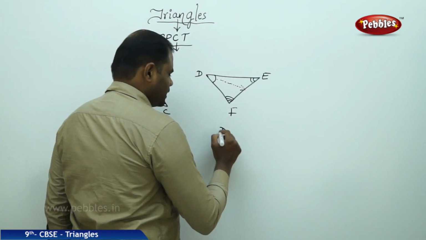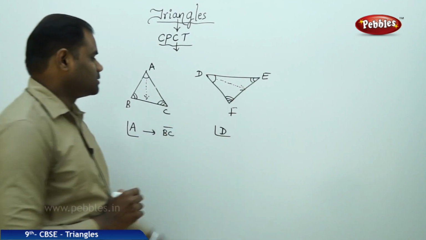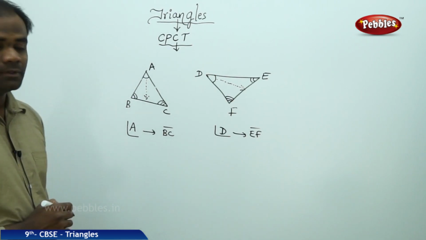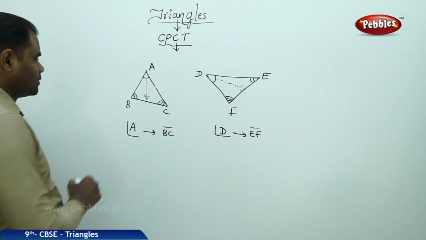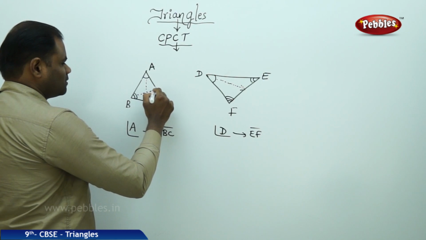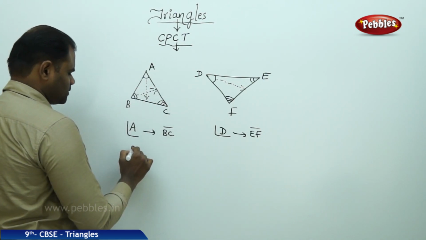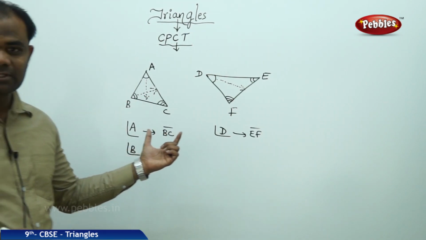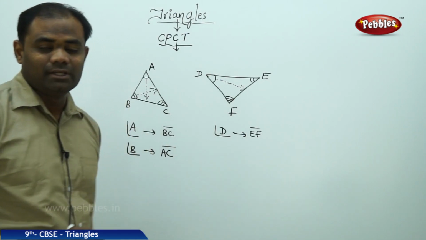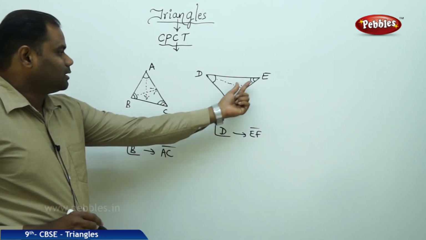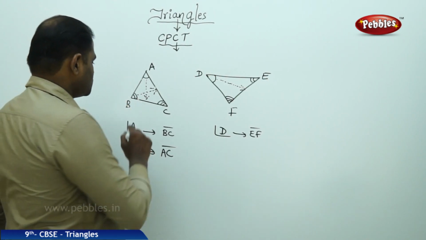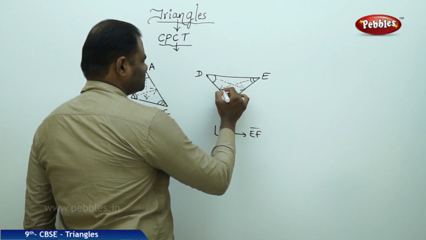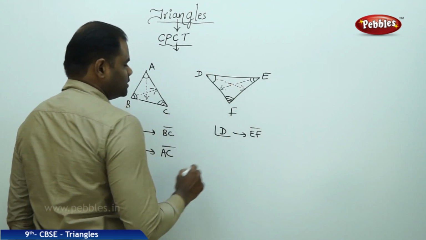Therefore, the side which corresponds to angle D is EF. Similarly, let's go to angle B. For angle B, the side which corresponds is AC. Its corresponding side in the other triangle DEF is understood through the corresponding angle E for angle B. So the corresponding angle of B, which is E, has its opposite side DF.